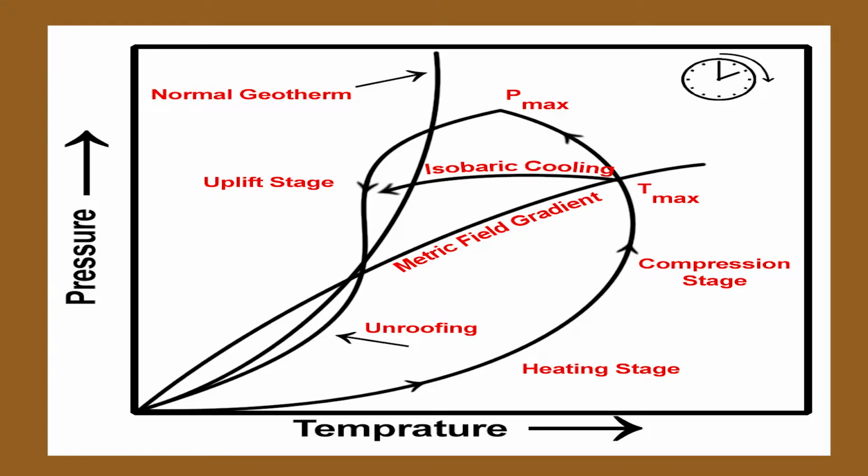Reasons for the late P increase are unclear, but they are related to secondary melting in the crust to form granitoid masses. Remember that in the anti-clockwise path, T max precedes P max, unlike the clockwise path. Besides clockwise and anti-clockwise pressure temperature time paths, there are two more types of path.